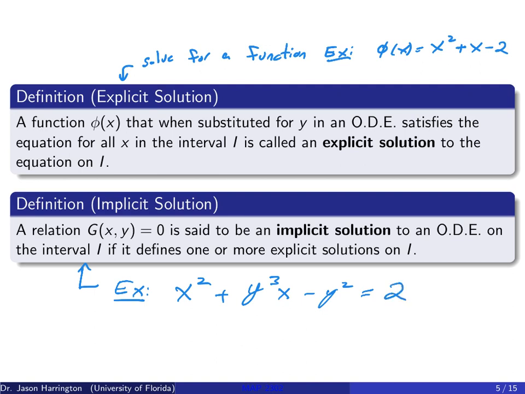You see, in this case we can't actually solve for y, or even x. But this curve may be a solution. This curve may solve an ODE. We'll do 2 examples of both of those so that we can see it.